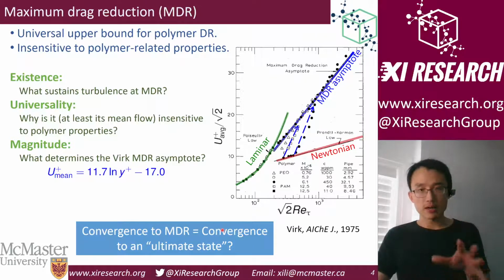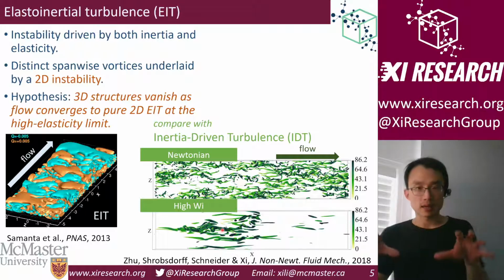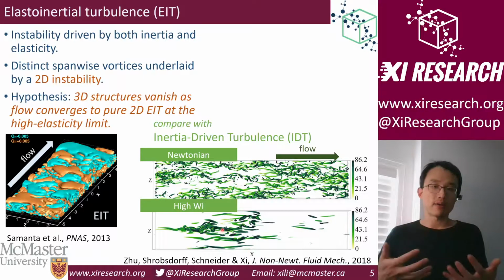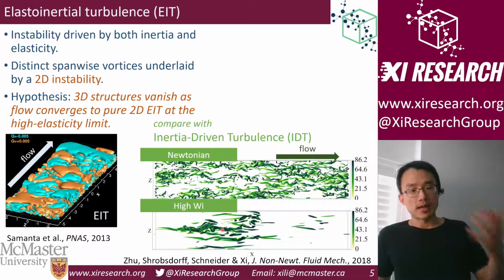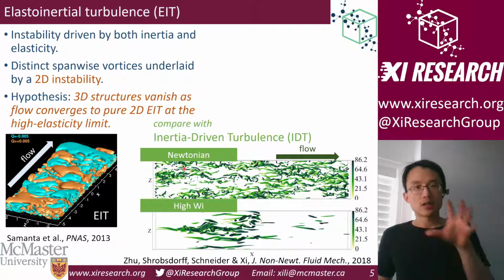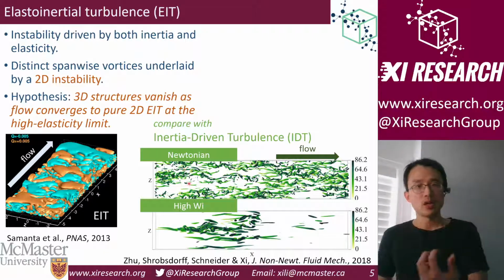Different theories only differ in terms of which state they identify as the ultimate state. The latest candidate is a state called elasto-inertial turbulence. By name, you can tell that it is a kind of flow instability, a kind of turbulence in which elasticity is at least partially responsible for driving the instability. Compared with the classical turbulence we are used to, in which inertia is the driving force for turbulence, whereas elasticity is seen as suppressing turbulence to give you drag reduction.